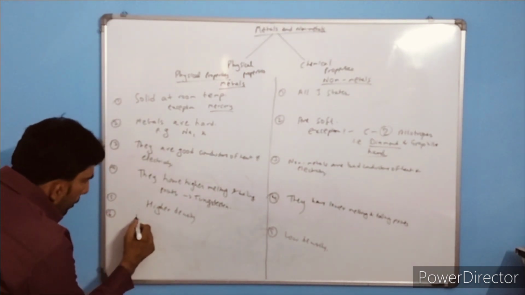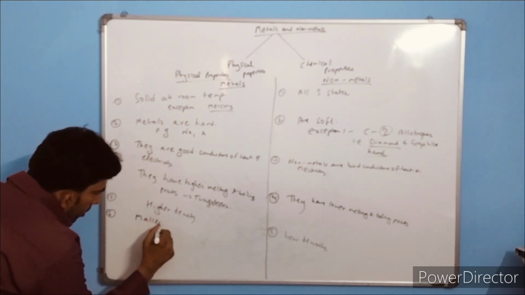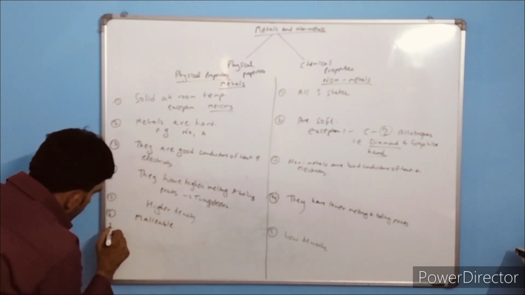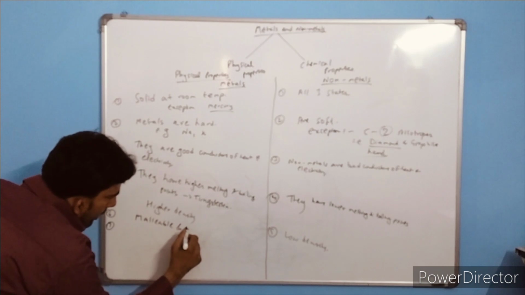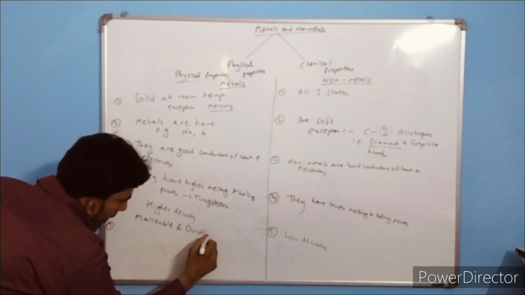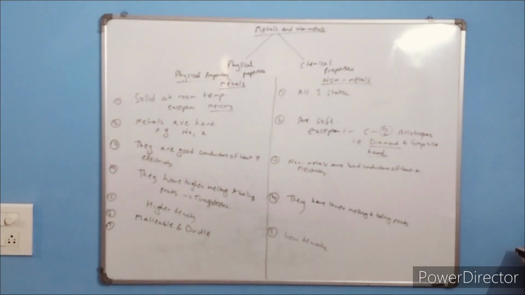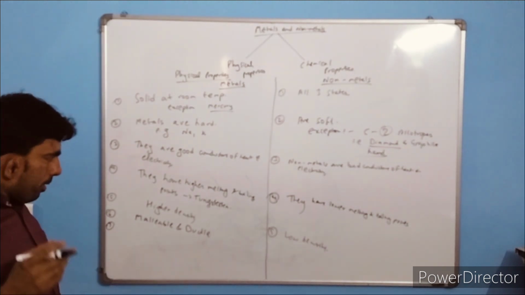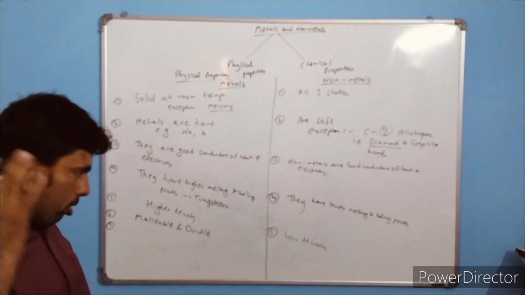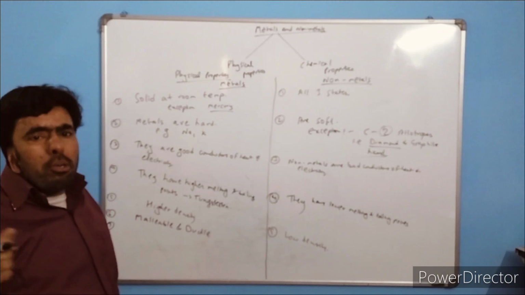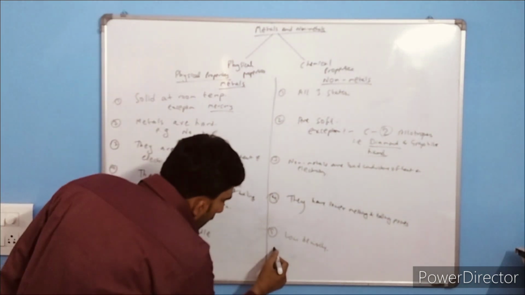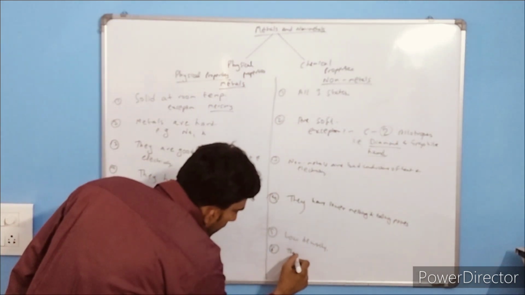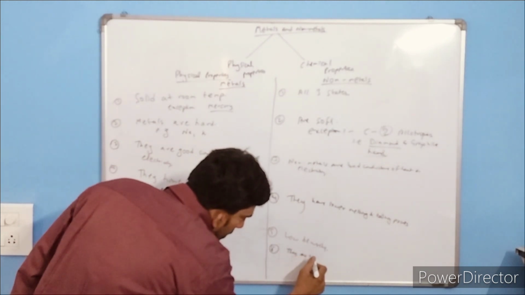Metals are malleable and ductile, that is, they can be beaten into thin sheets or drawn into thin wires. But as compared to metals, non-metals are brittle.